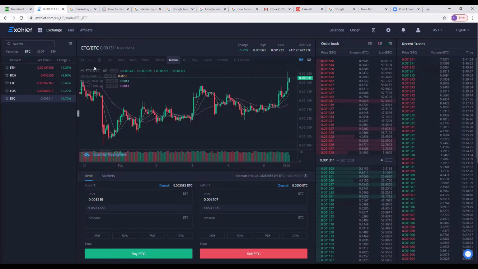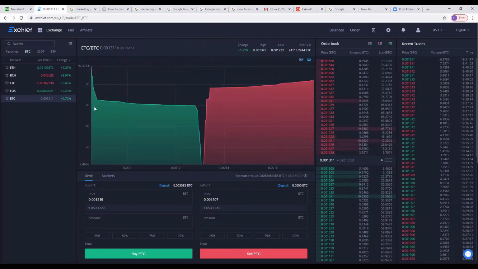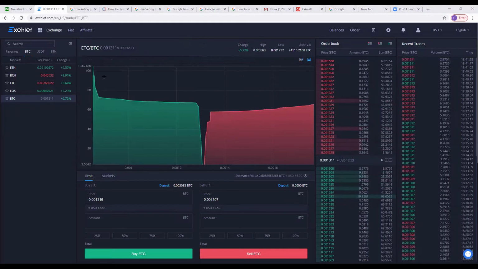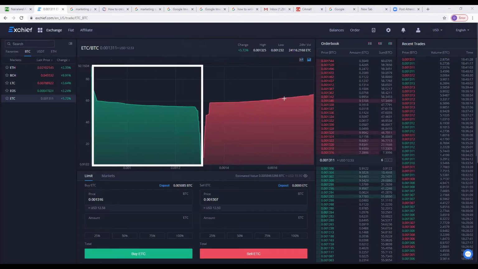Now, when you look at this area, you realize that there's this button and this button. The first button is what we're looking at, and I said that is a depiction of candlesticks. When you click the second, you realize that the chart now displays something like this, and all this is just a representation of the former thing we looked at, but it's giving us a different view of it.